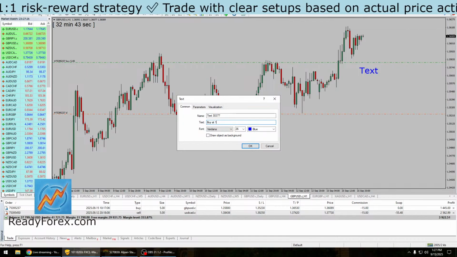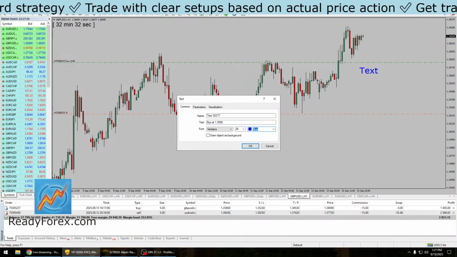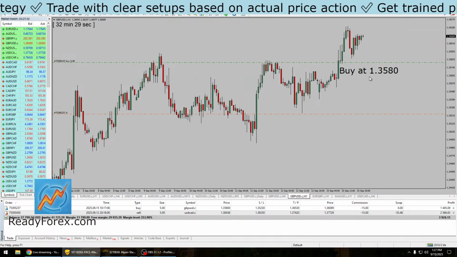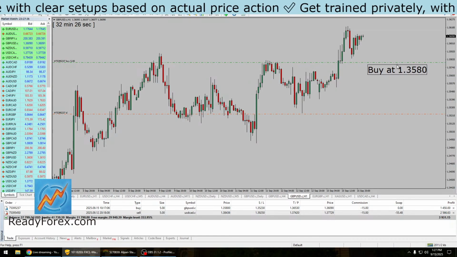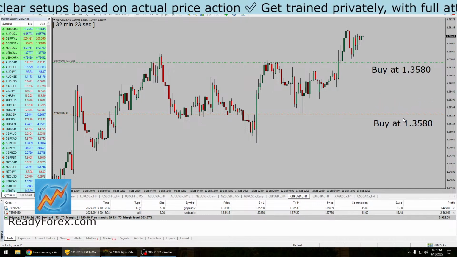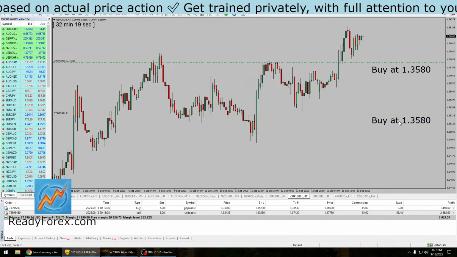Buy at 1.3580. This is my buy entry in the GBPUSD currency pair, and stop loss is a bit down over here.